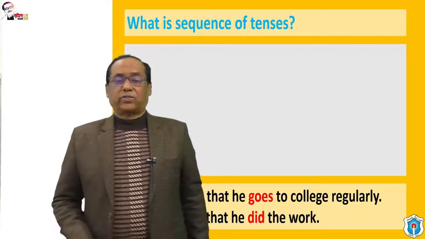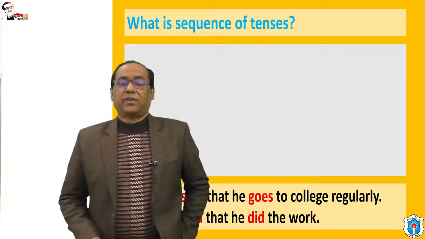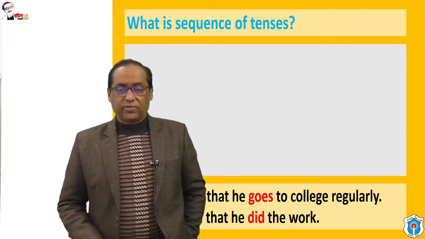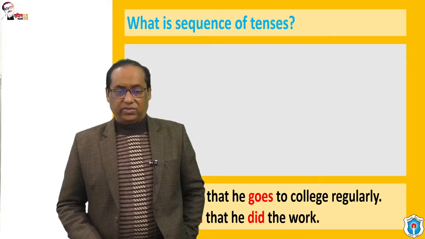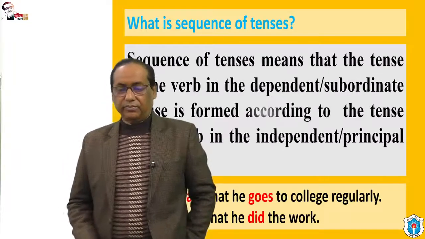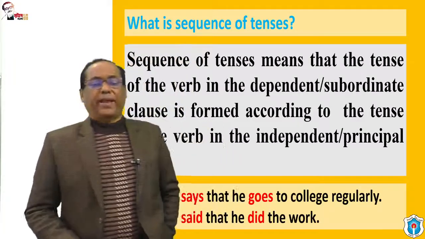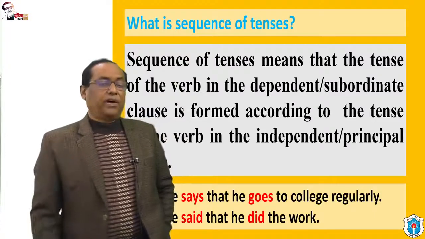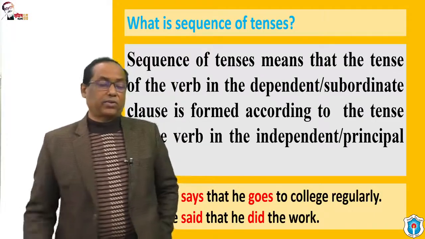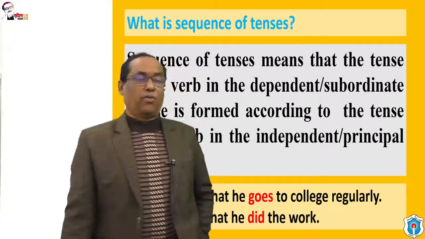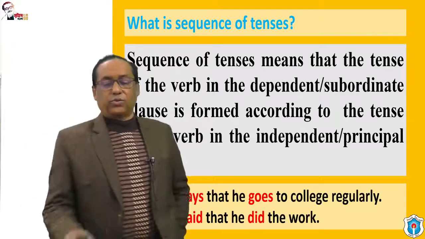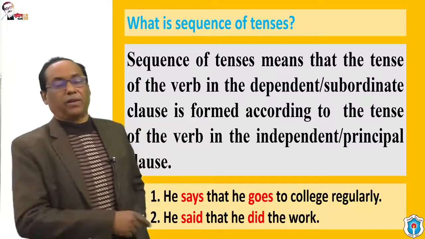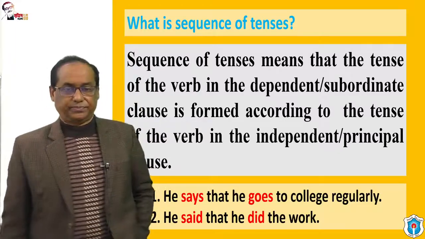Now, what is sequence of tenses? You can see in the slide. What is sequence of tenses? Sequence of tenses means that the tense of the verb in the dependent or subordinate clause is formed according to the tense of the verb in the independent or principal clause.